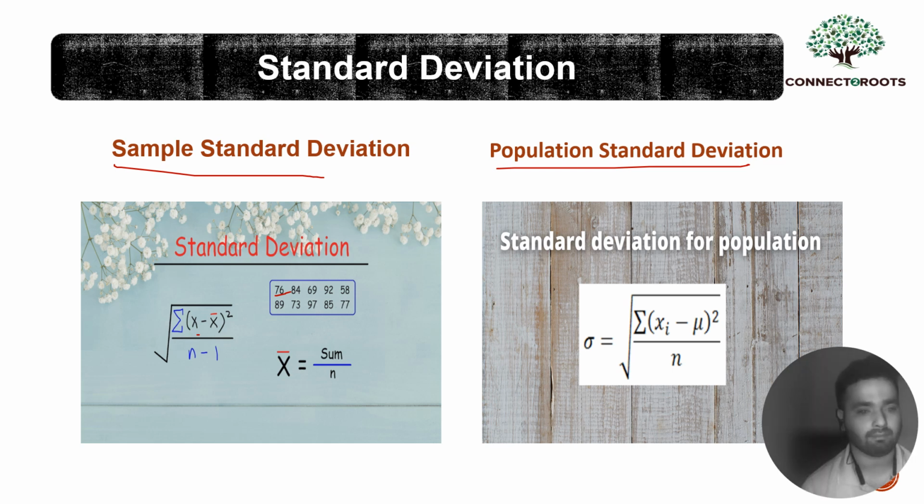So it's the sample. In the population standard deviation, you can see the same formula, and instead of n minus 1, it's n. And your mu represents the mean. It's the population actually. In population, we represent the mean by mu.